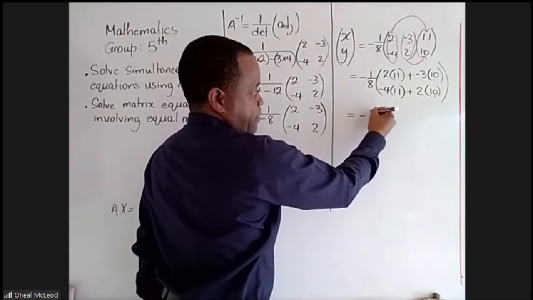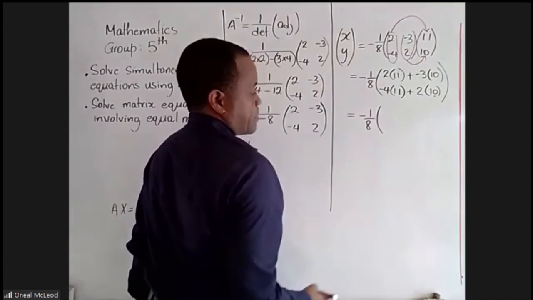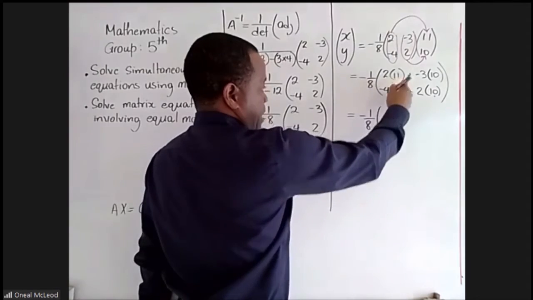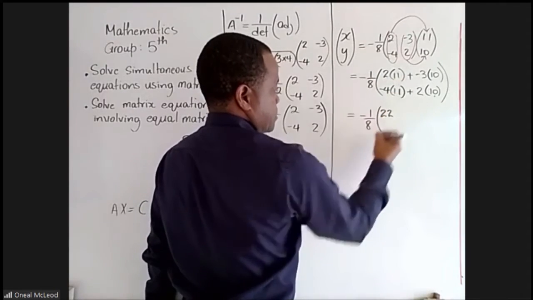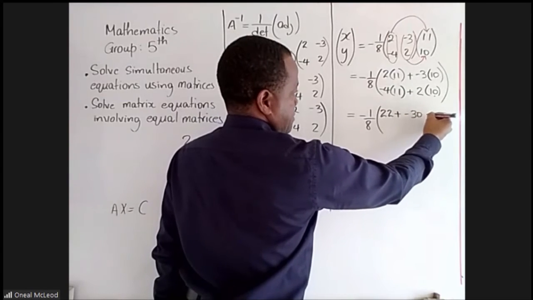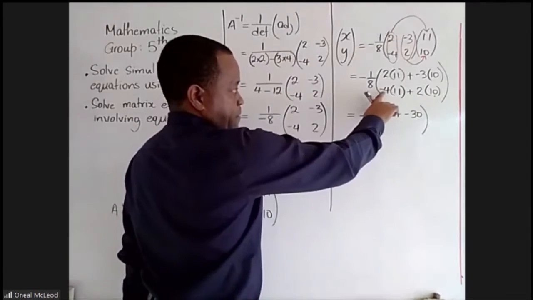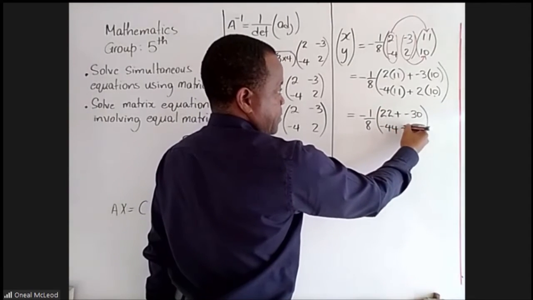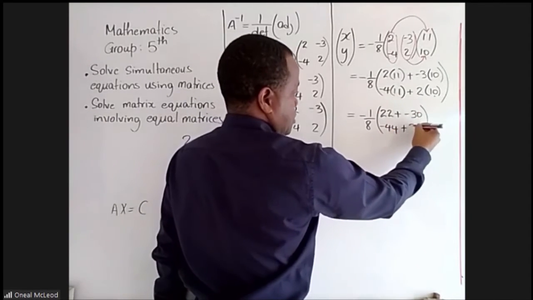Bring back down our -1/8, yes. So 2 times 11 will give us 22, plus -30. -4 times 11 will give us -44, plus 20.